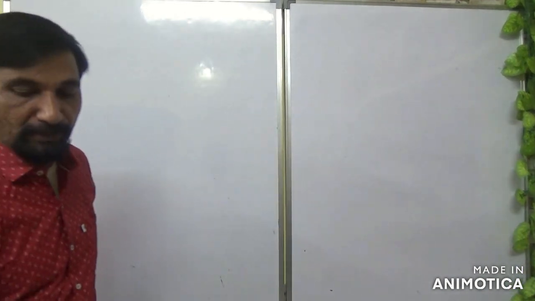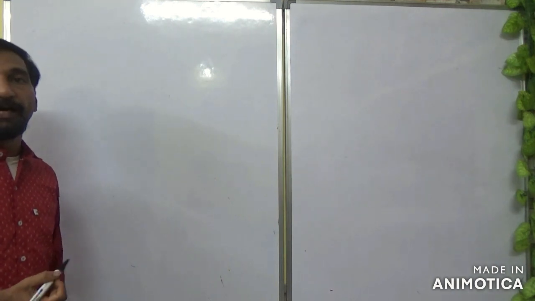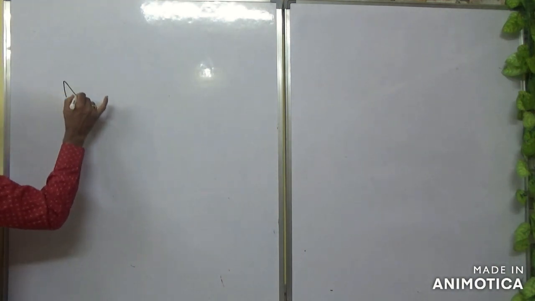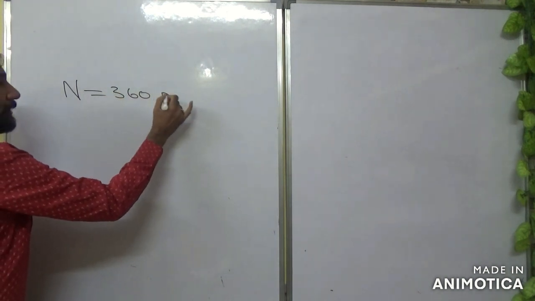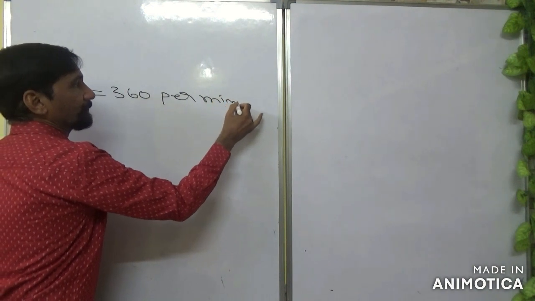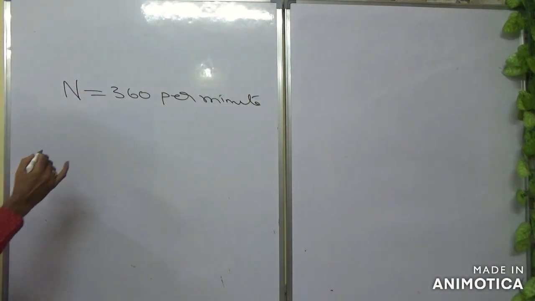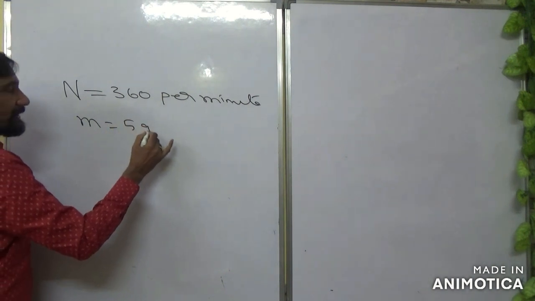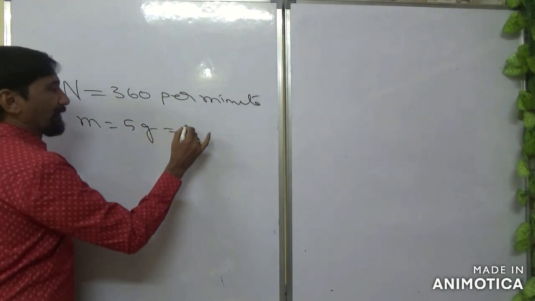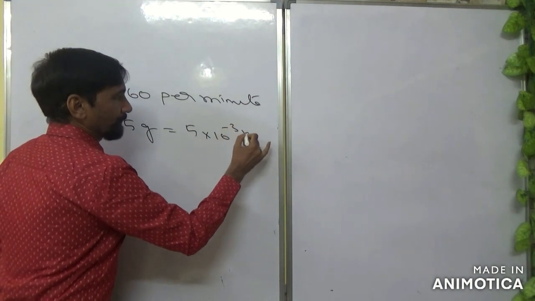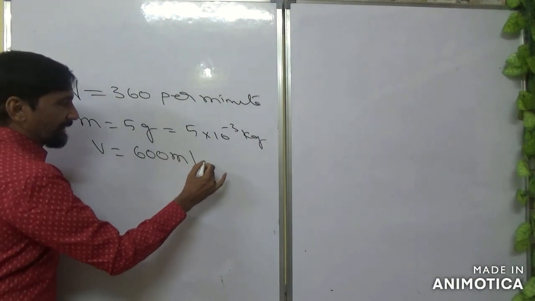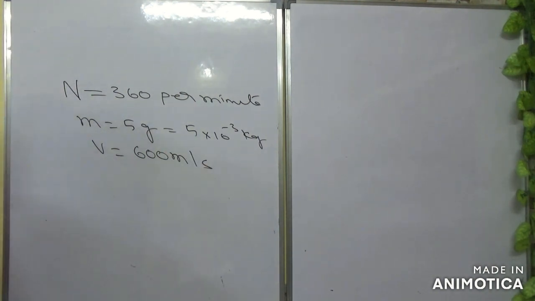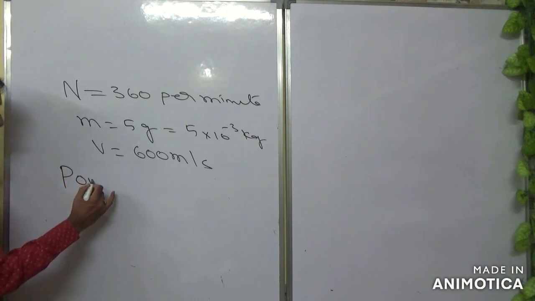The mass of each bullet is 5 gram, which you can convert into kg, traveling with a velocity of 600 meters per second. So you want to know the power of the machine gun.